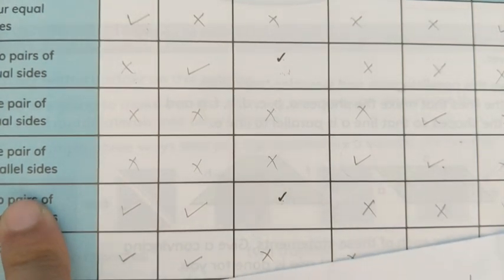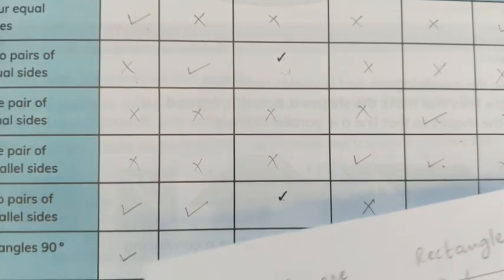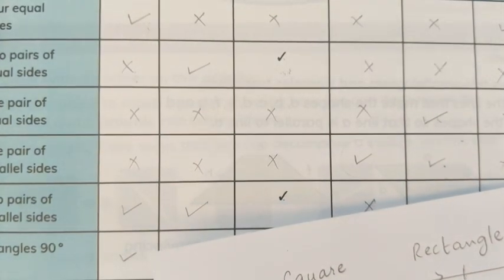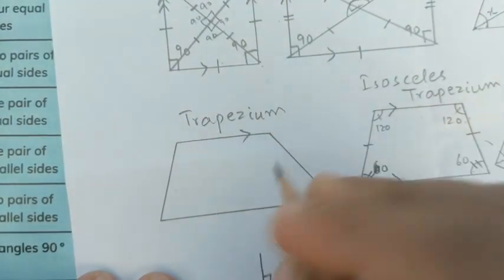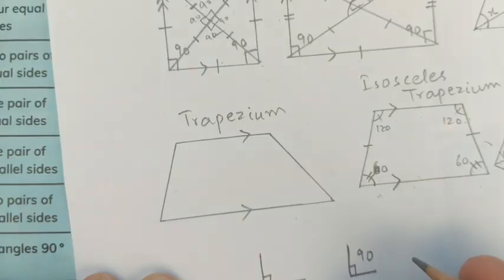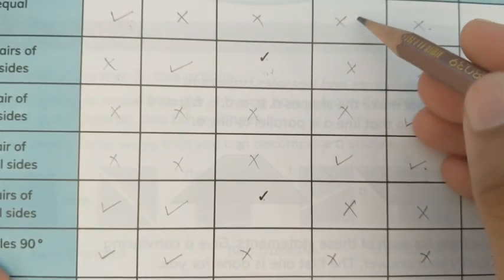Okay, because apart from that, this characteristic is not found in any other quadrilateral. And this is the only characteristic that is found in a trapezium, because we have no other characteristic found in a trapezium.